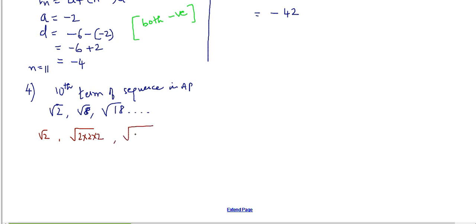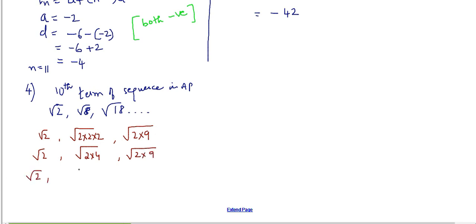Root 18 can be written as root of 2 into 3 into 3, root of 2 into 9. So can I write this as root 2, root of 2 into 4, comma root of 2 into 9.